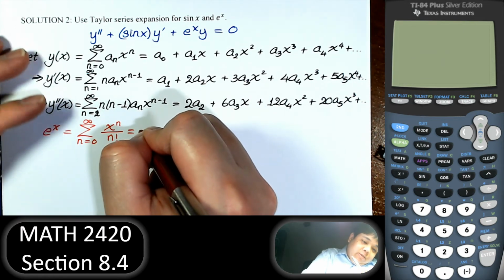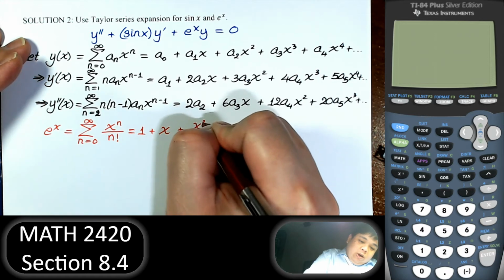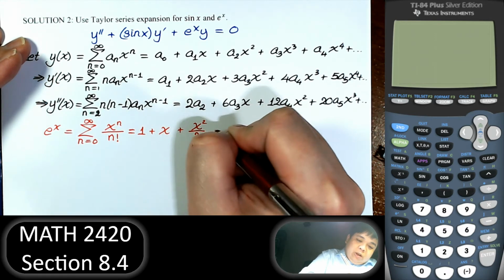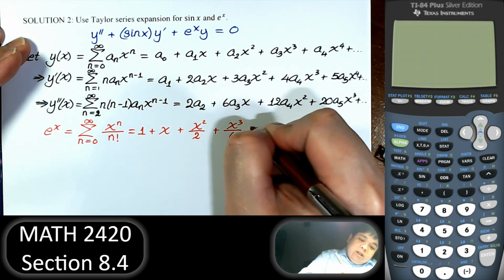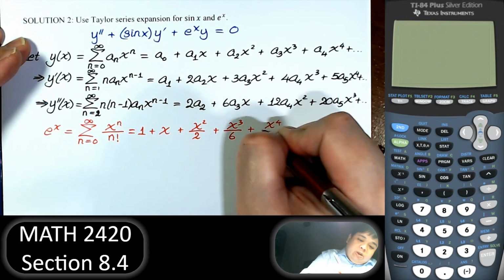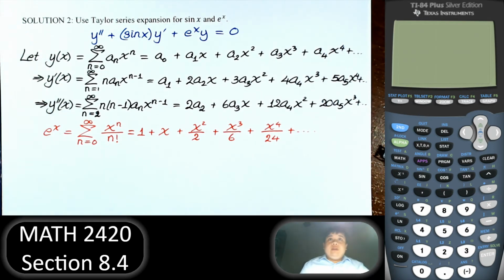So we just have 1 plus x plus x squared over 2 factorial, or just 2, x cubed over 3 factorial, or 6, x to the fourth over 4 factorial, like that.